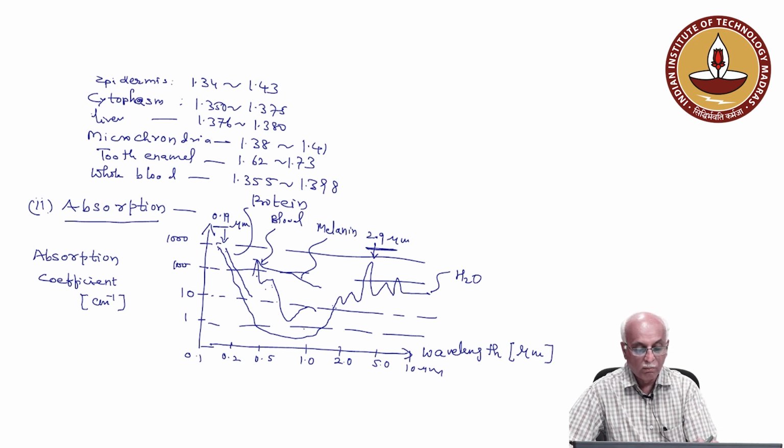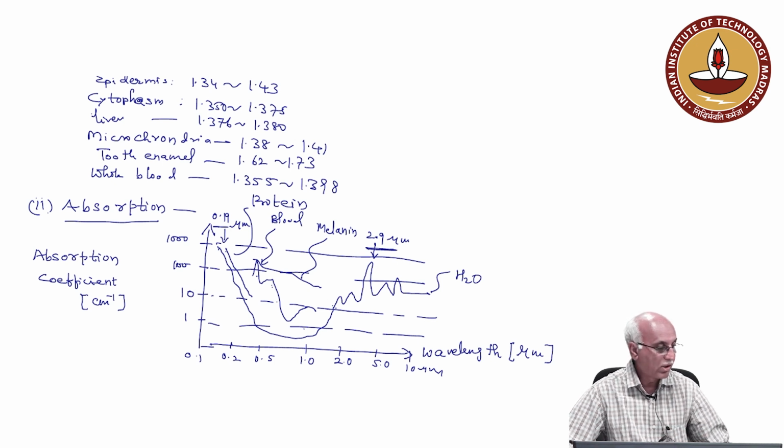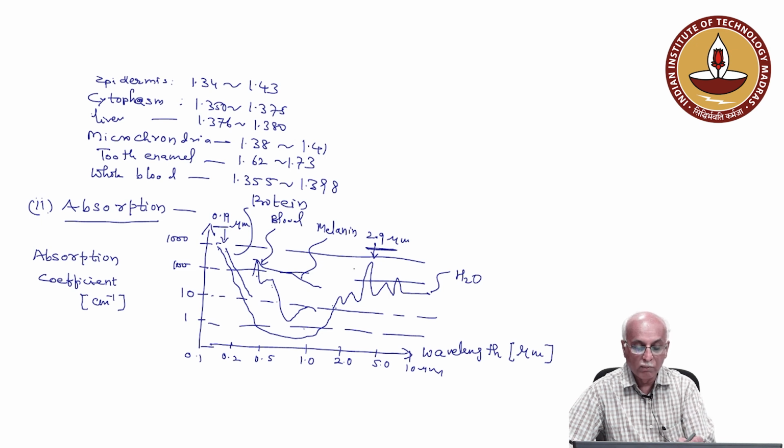Mostly our measurements are in the range from visible to near infrared, up to 1.5 or 1.6 micrometer or so. If we go towards longer wavelength, we end up with a large amount of absorption. As we already know, most of these tissue structures, cellular structures, contain 70% water, so typical water absorption becomes predominant as we go towards longer wavelength.